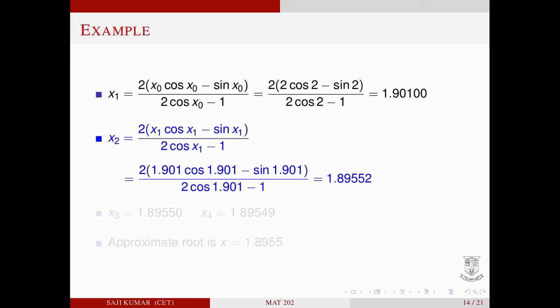Substituting the value of x1 as 1.901 in the formula, we get the second approximation x2 is equal to 1.89552. Proceeding like this, we can derive a sequence of solutions such as x3 is equal to 1.89550, x4 is equal to 1.89549. Now here we are stopping the procedure because the difference between the roots x3 and x4 is very small. So let us take the approximate root as x is equal to 1.8955.